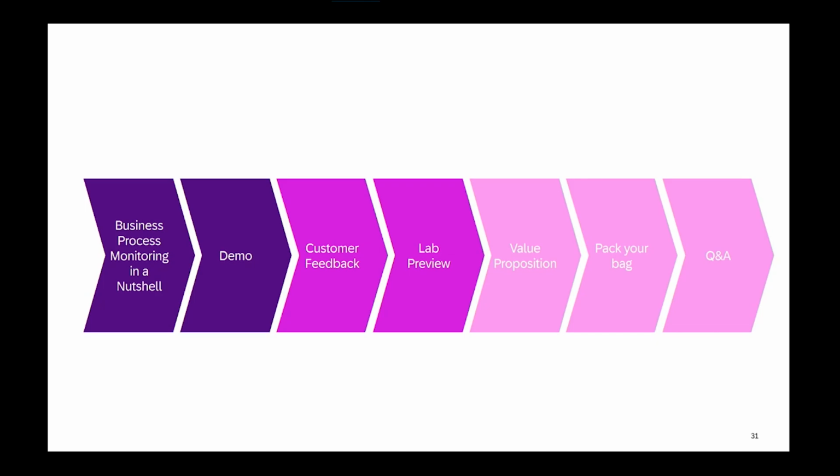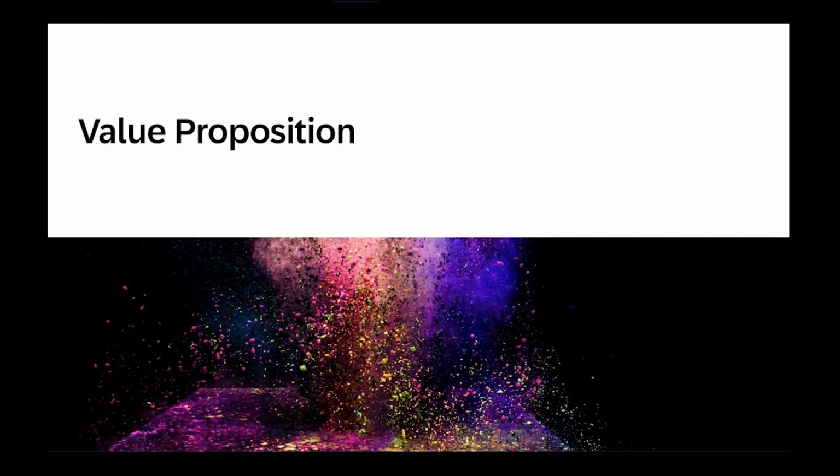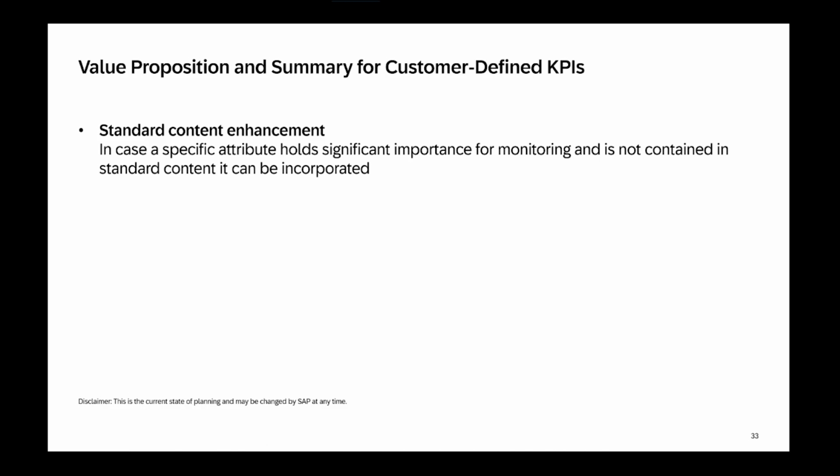But that's not all we would like to show you here in the session or give you as a takeaway. You can see now the last 2 points of the value proposition. So one point from my end. What we are providing you here is the option to bring in the significance and importance for certain attributes. So you can read that sentence much better than me. It's the option for you to bring in individual things.